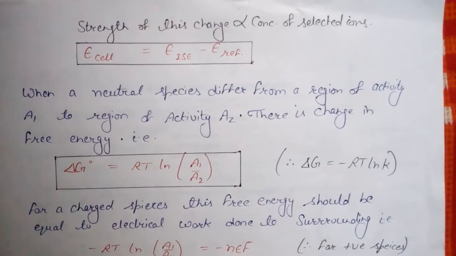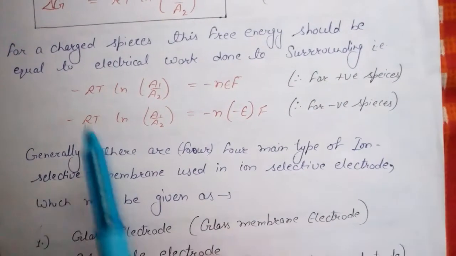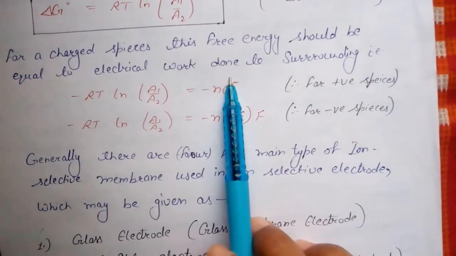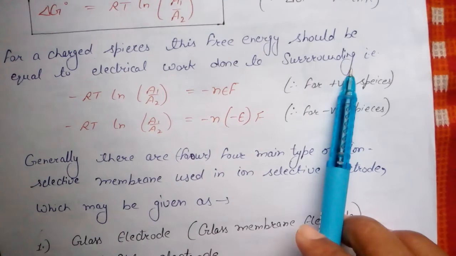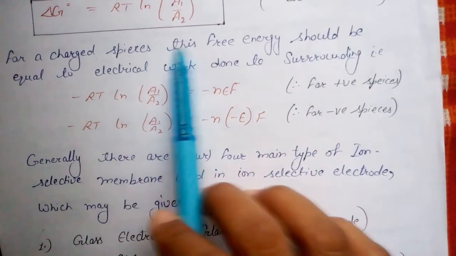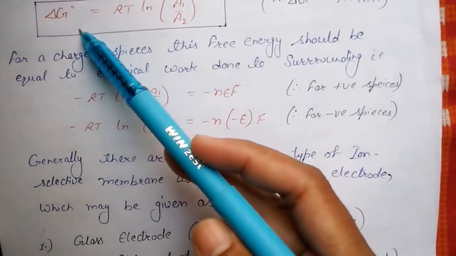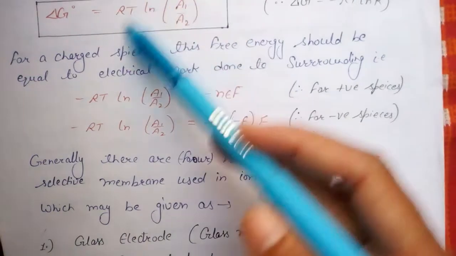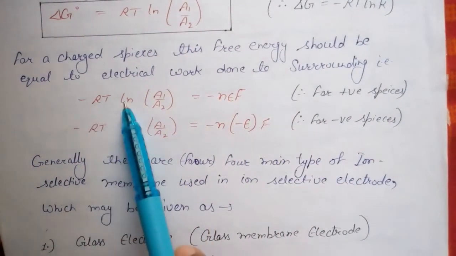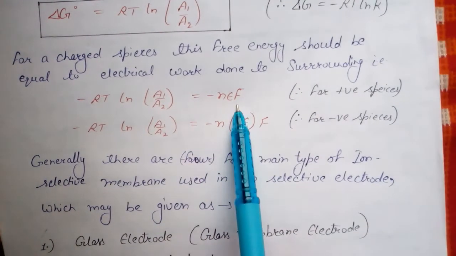After this, for a charged species, this free energy should be equal to the electrical work done on the surroundings. It means the electrical work done will be equal to the free energy. So put this equation equal to electrical energy. So -RT ln A1/A2 = -nEF.